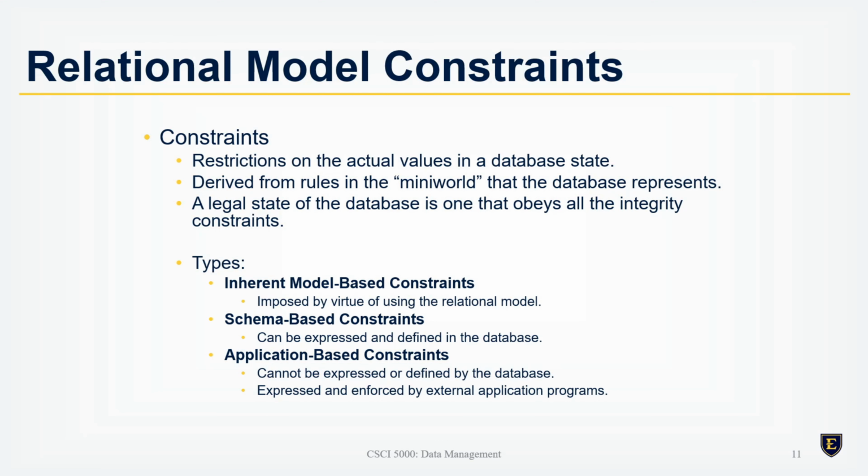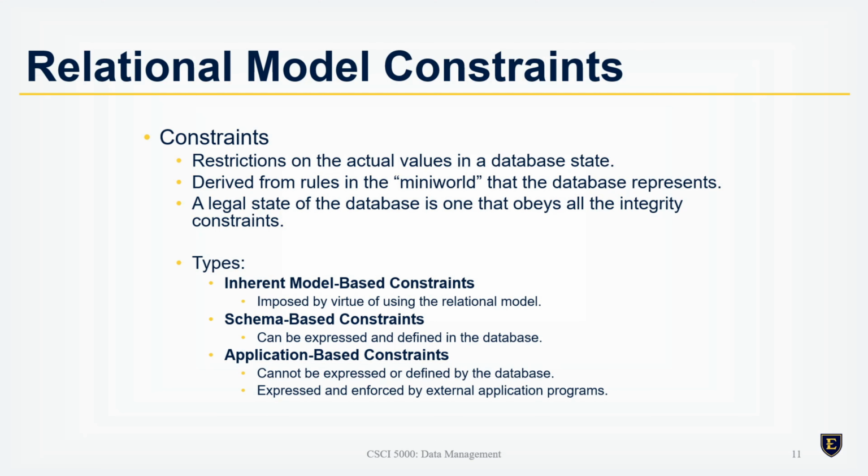So there are several types of constraints that we need to be aware of. There are constraints that are just inherent based on the model itself. So it's imposed by virtue of using the relational model. Then we have to follow certain rules, because if we don't follow those rules, it would not be the relational model. The second are constraints based on the schema.